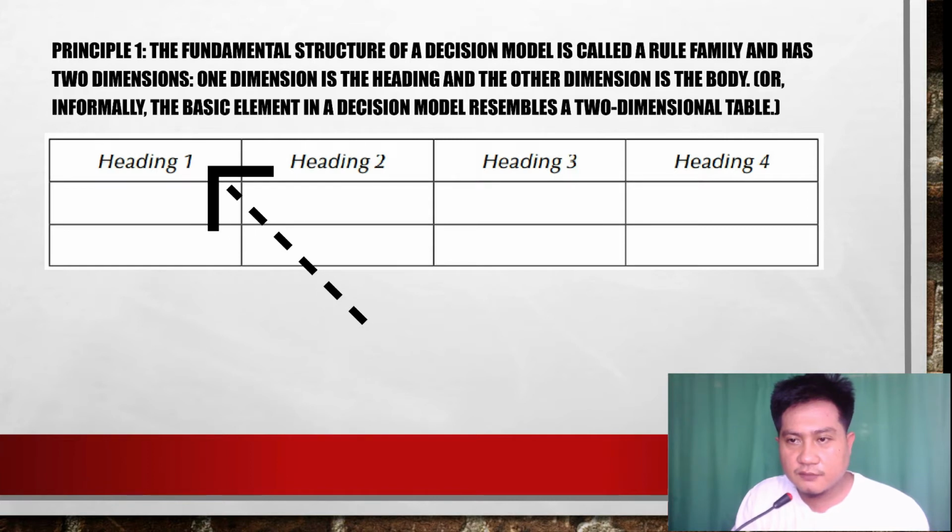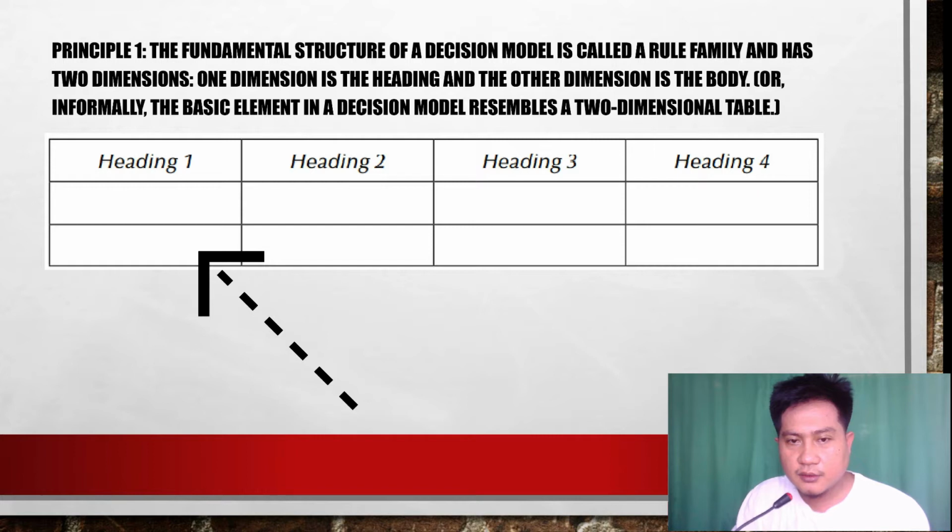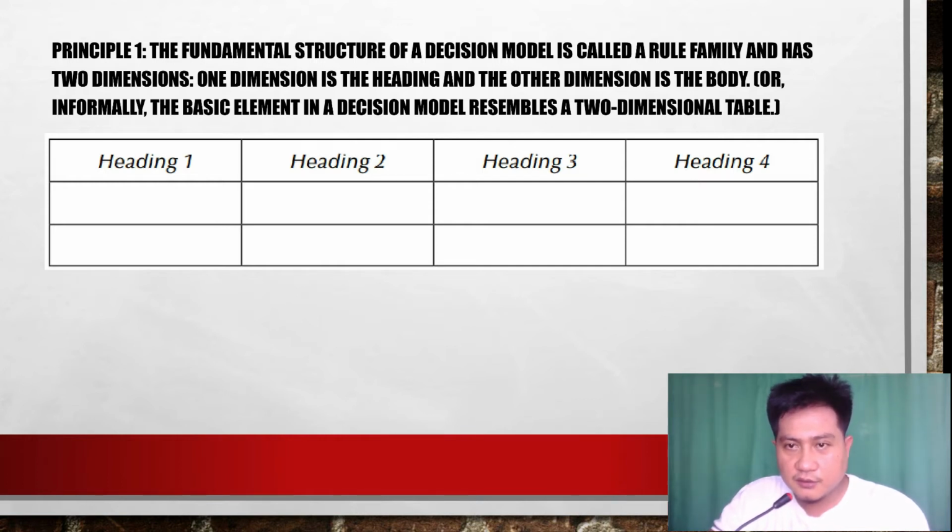So this is the first dimension, the heading, and this body here is the second dimension. So the first dimension is the headings, the second dimension is the body of the table, so it resembles a 2-dimensional table. Okay, so that is the fundamental structure of a decision model. This is where we plot our rules, conditions and conclusions for the decision model.